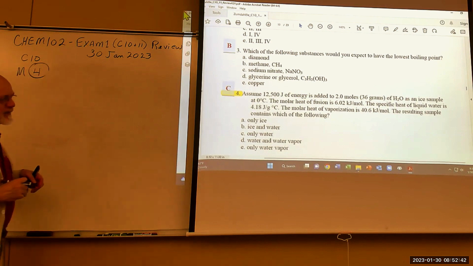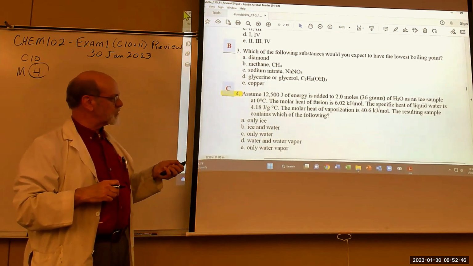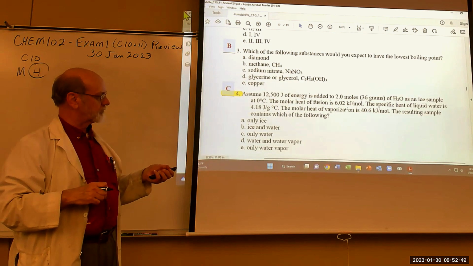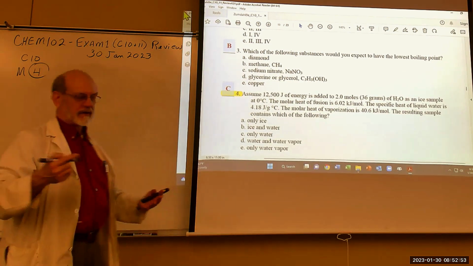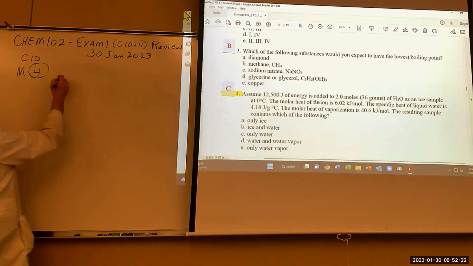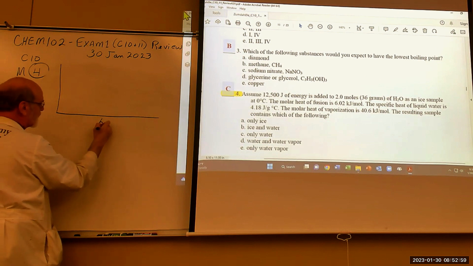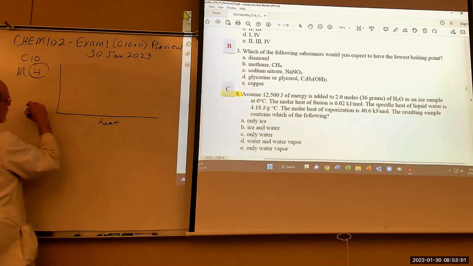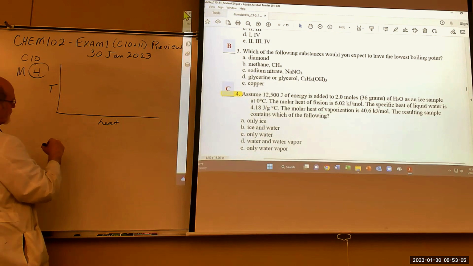All right, we didn't spend a lot of time during the introductory material on heats of fusion and heats of vaporization. But I did draw the heating diagram. So maybe I better put that in here as an aid. So as we heat things up, the temperature is going to rise.